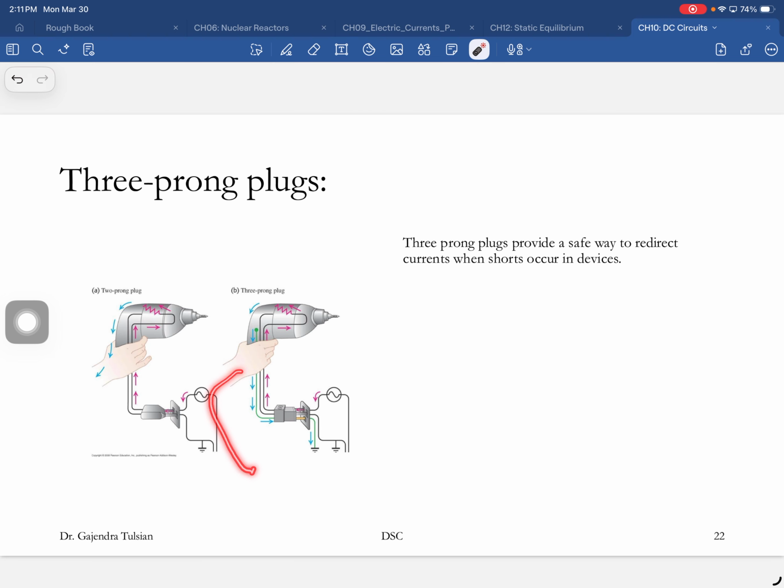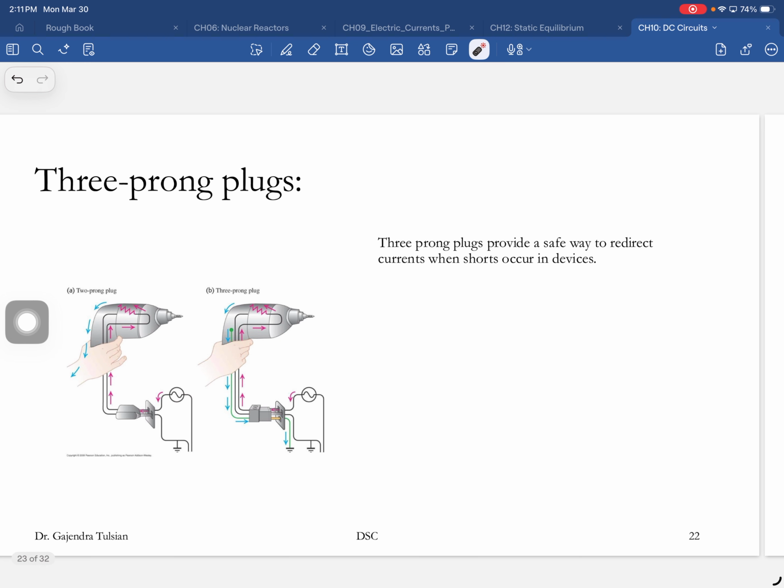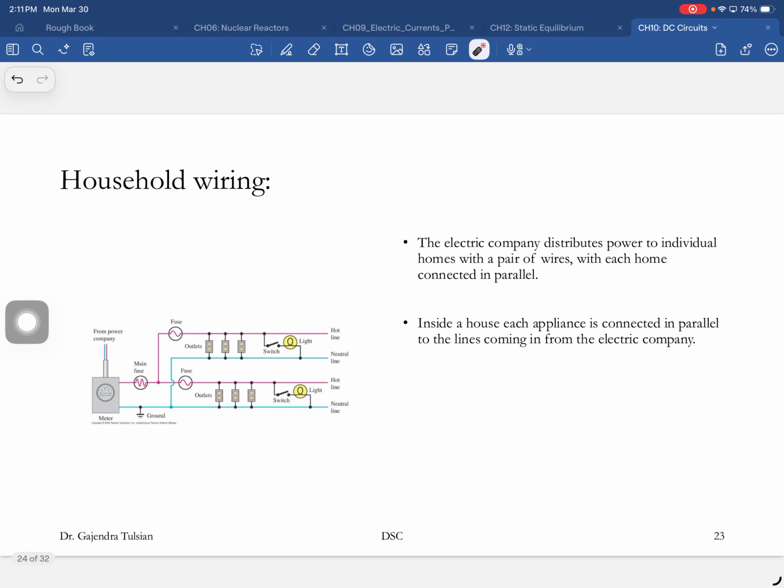This is 120 volts, and this is minus 120. The difference is 240. So two live wires 180 degrees apart, and you get 240 volts, which is what you feed to your heater in the garage, to your washing machines, and so on.